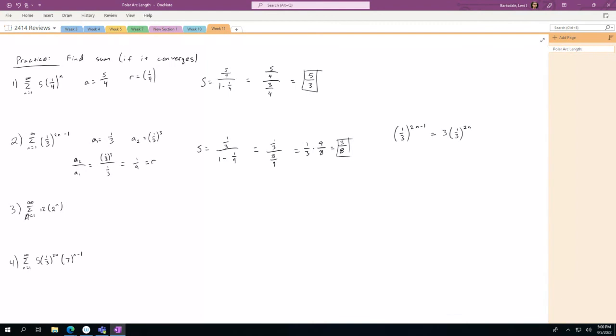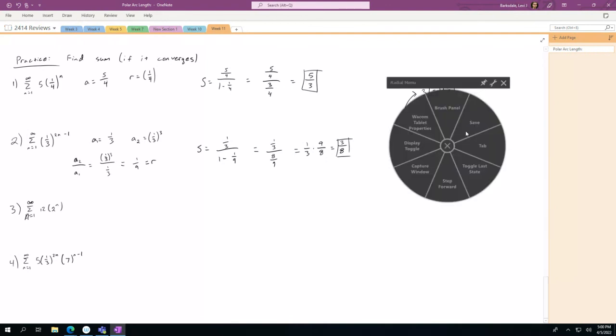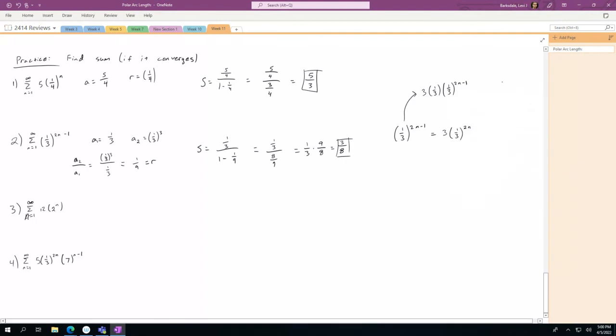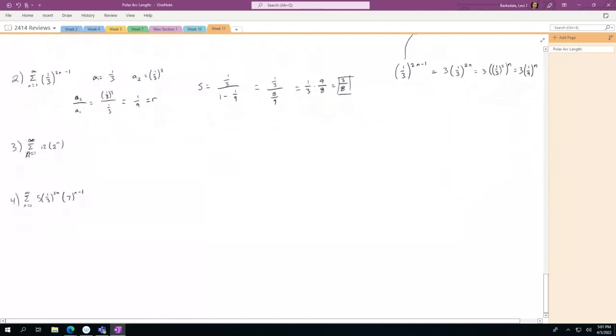Because I multiply by 3 times 1/3, and then the 1/3 gets absorbed into the exponent. So now I've got 3 times 1/3 to the 2n, which is the same as 3 times 1/3 squared to the n, which is 3 times 1/9 to the n. In this way I can see my ratio is 1/9. That's another way of doing it.